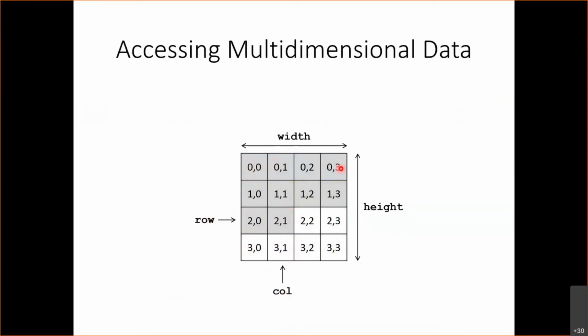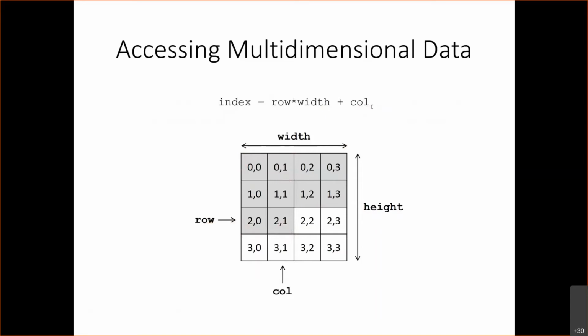So I'm going to have 4 plus 4 plus 2. That is basically the row times the width plus the column. The row, which is 2, times the width, which is 4, gives me this rectangle, and then plus the column gives me the index into the actual row I'm interested in. So index equals row times width plus column.